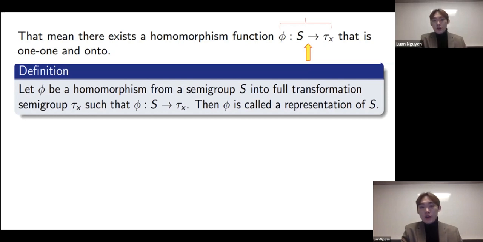And by the definition of a homomorphism of monoids, like I said earlier, if the monoid has the identity, it will map the identity of the first monoid into the identity of the second monoid. So the function theta from S to the full transformation semigroup tau S can be one-to-one.